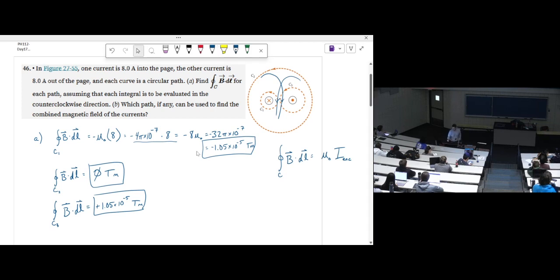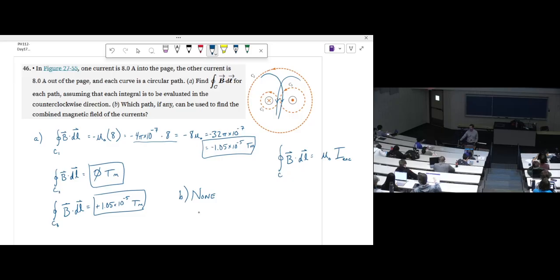My contour doesn't follow the direction of the magnetic field lines, so it can't be C2. And C1 and C3 don't follow the magnetic field lines. So the correct answer to part B is none of these can be used individually to find the magnetic field of both.